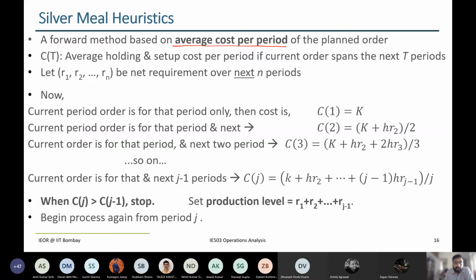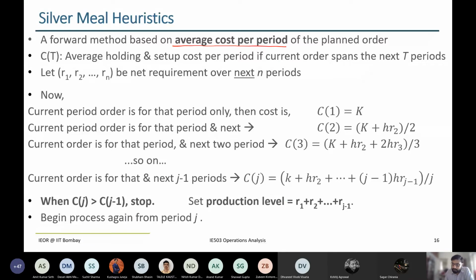And suppose the order is for that period and the subsequent 2 periods, then the cost is an average of setup cost plus holding cost for the required inventories divided by 3, which is the average holding cost. And I can do so on. We do it until Cj is greater than Cj minus 1 and then stop and set the production level as R1 plus R2 up to Rj minus 1.